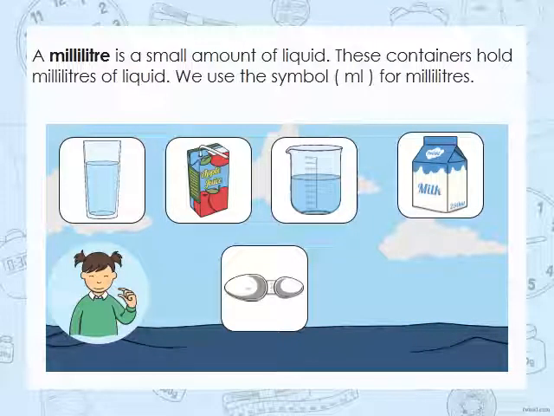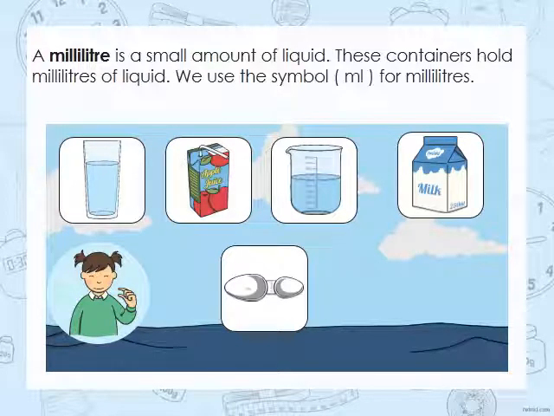Now we have milliliter. A milliliter is a small amount of liquid. Here's the difference between liter and milliliter. Liter is a large amount of liquid, but milliliter is a small amount of liquid.